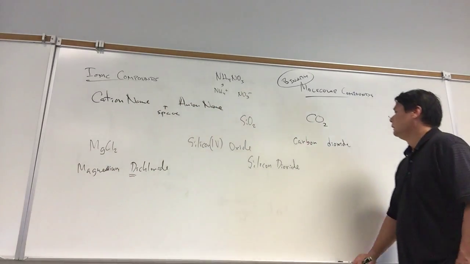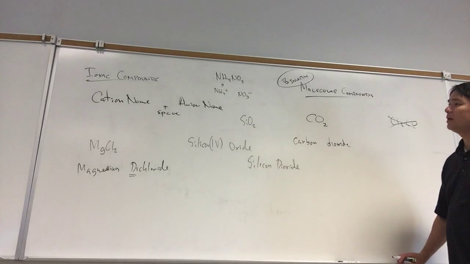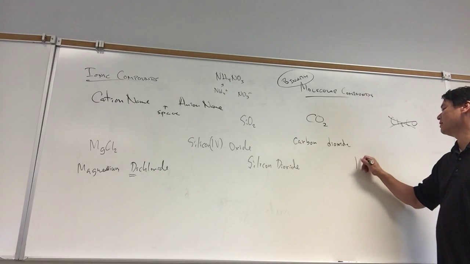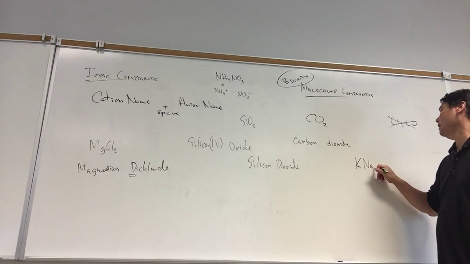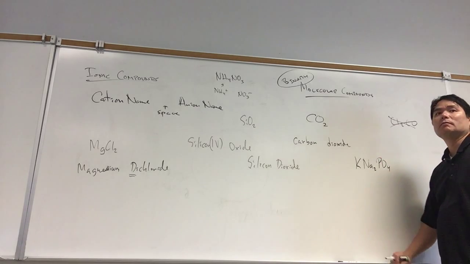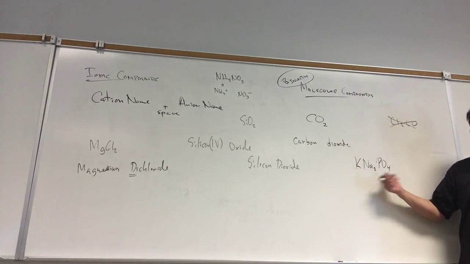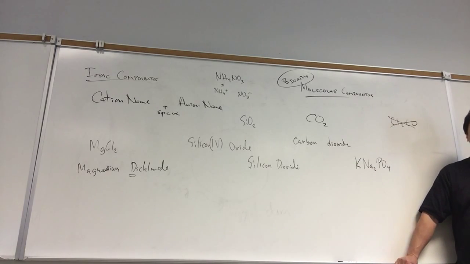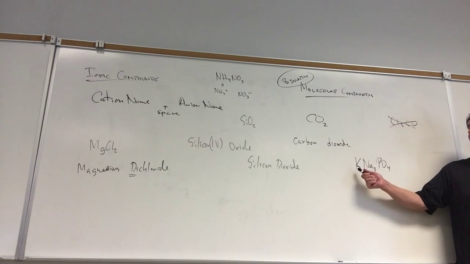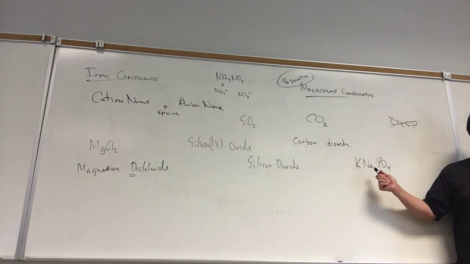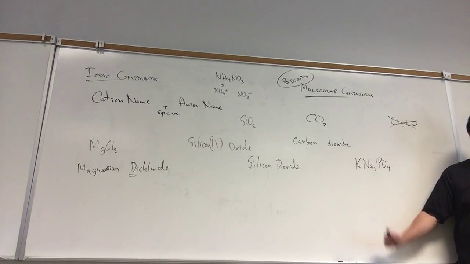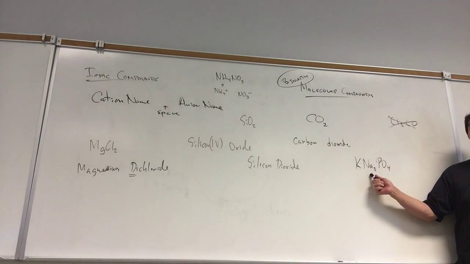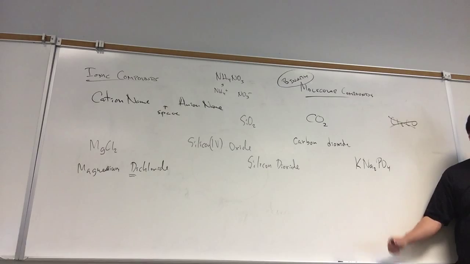Sure. But the complication comes when we have something like KNa2PO4. How would you name this? Well, is this an ionic compound or a molecular compound? It's an ionic compound, so we would name it potassium disodium, or just sodium? Potassium sodium phosphate.